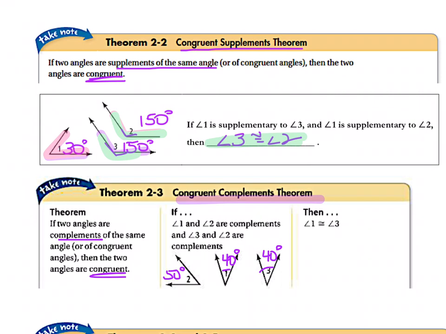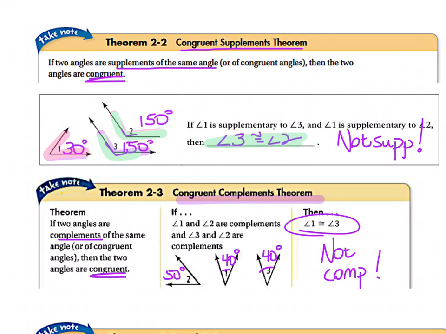So it would say if 1 and 2 are complementary, and 3 and 2 are complementary, then 1 and 3 are congruent. Not complementary, congruent. Just like up here, not supplementary, congruent. And again, these are called the congruent supplements theorem and the congruent complements theorem.